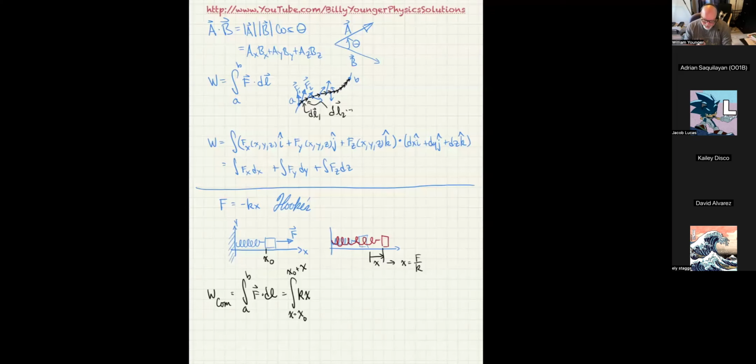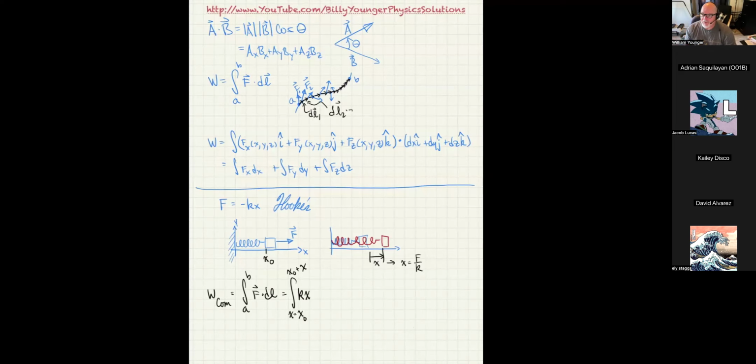Now, even though I didn't say it out loud and didn't warn you about it, I just chose the direction of integration to be indicated by my limits of integration because I literally said I'm going to start from x equal x0 and then end up at x equal x0 plus x.